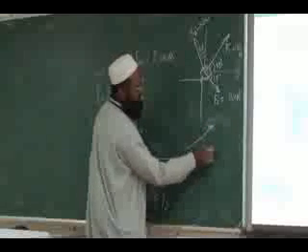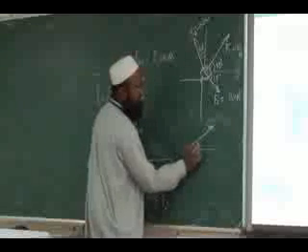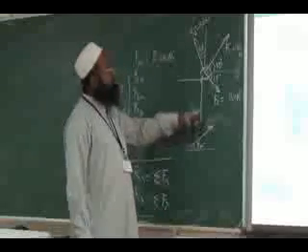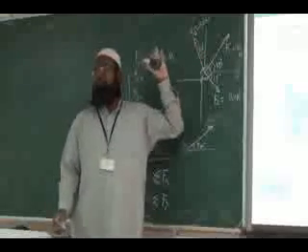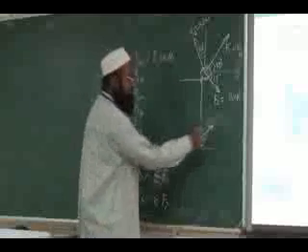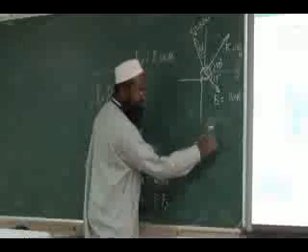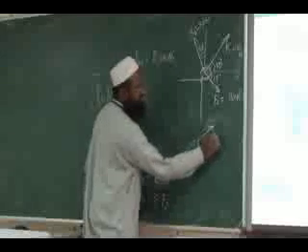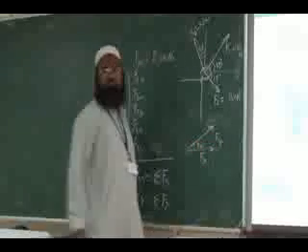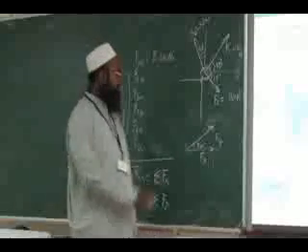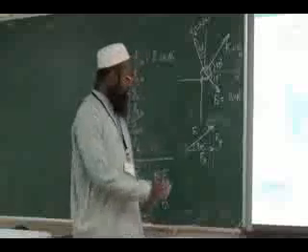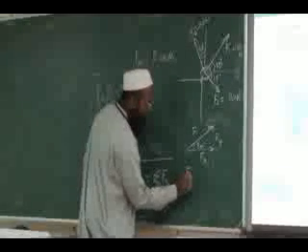Force F1 makes 30 degrees with x-axis. So we resolve into two components parallel to x and y. So how will you resolve? So this is your x component, this will be your y component. X component and y component for force F1. So I write F1x.